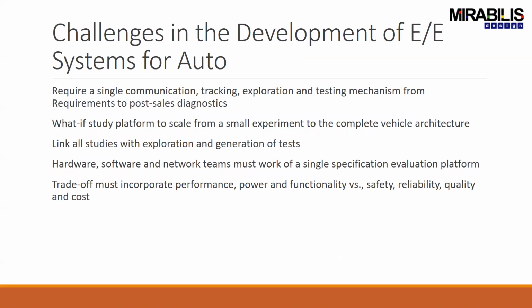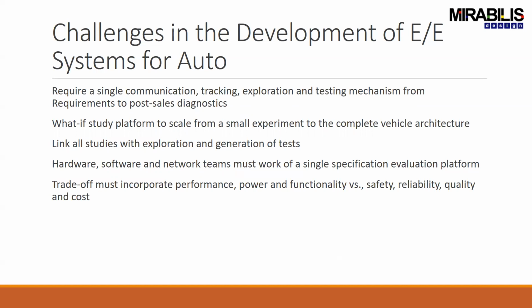So what are the challenges that an architect normally faces in the development of an EE system for auto? Since an automotive system is huge and comprises hardware, software, networking, and power domains, it is often very difficult to find a single platform where we can develop all the components together.